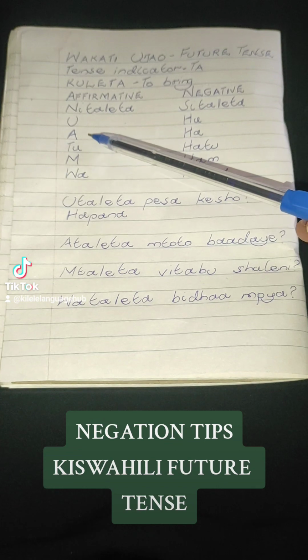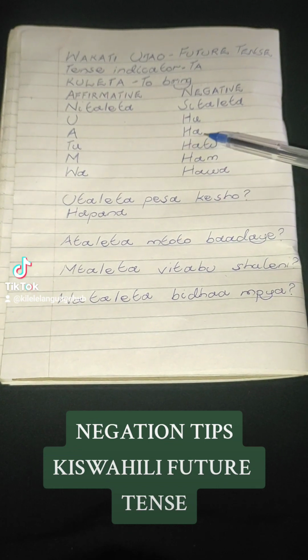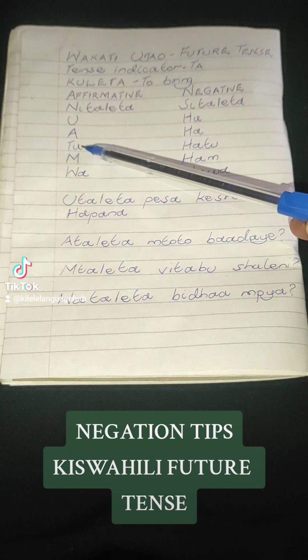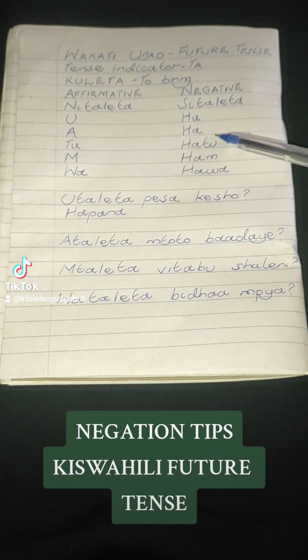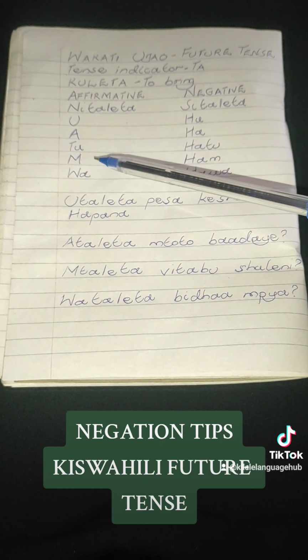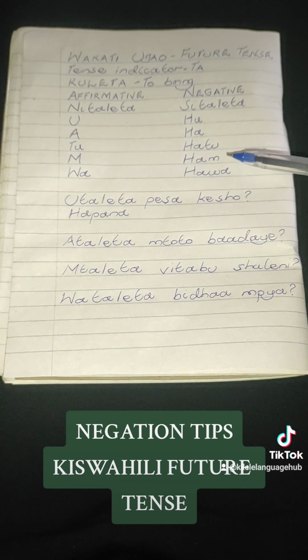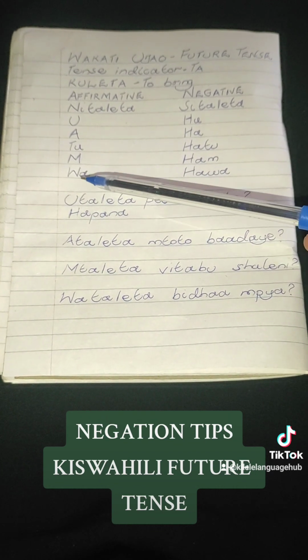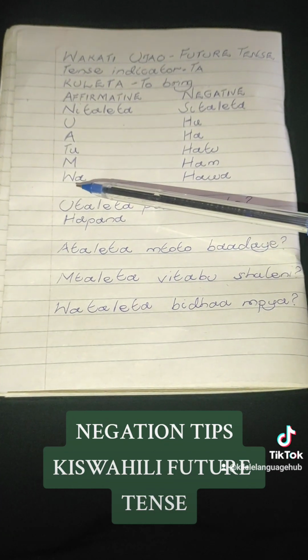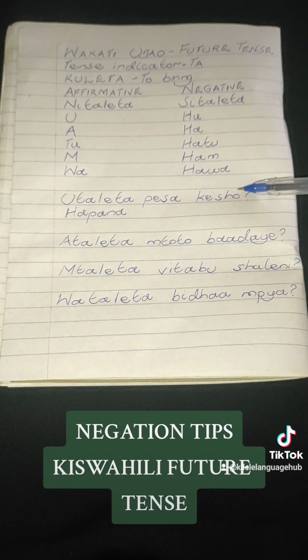The negator for a, which is he or she, is ha. The negator for tu, which is we, is hatu. The negator for you, plural, which is m in Kiswahili, is ham. And finally, the negator for wa, which is they, is hawa.